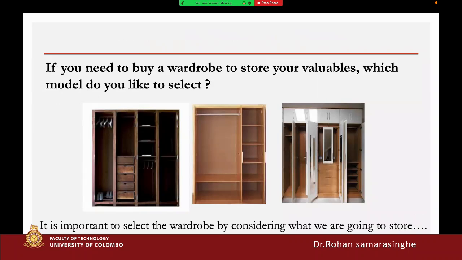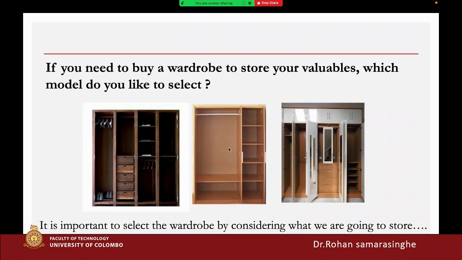So if you need to buy a cupboard to store your valuables, which model would you select? You want to store your jewelries and other valuables in a cupboard. It is important to select the cupboard by considering what we are going to store. If you have to store only your books, you need not have a cupboard with doors.